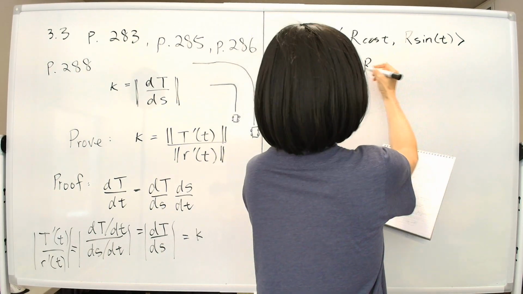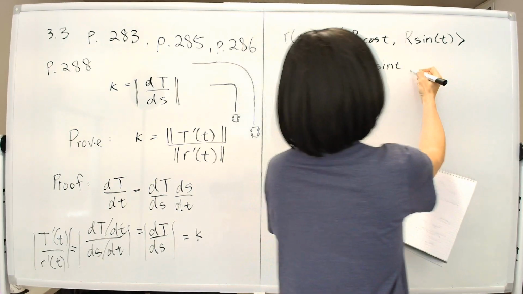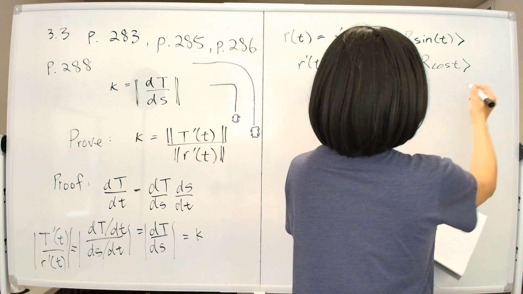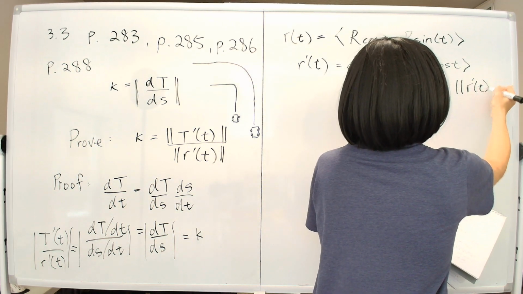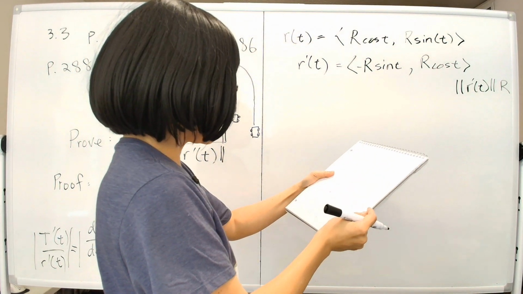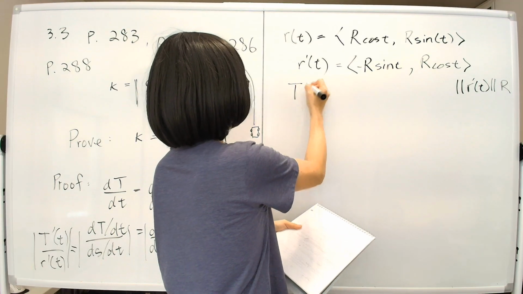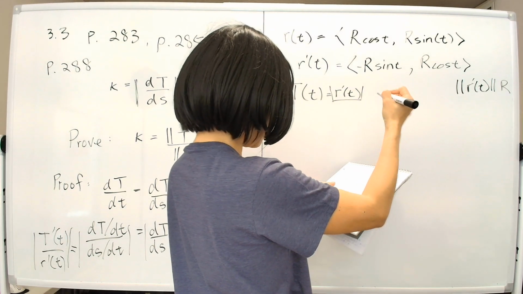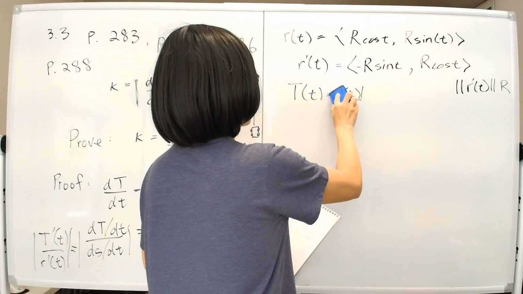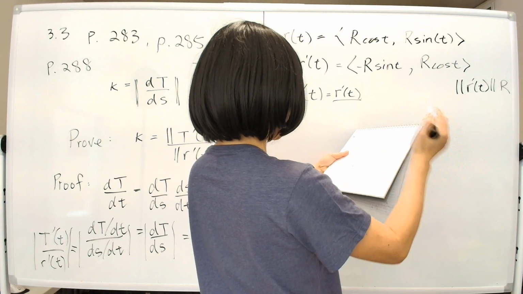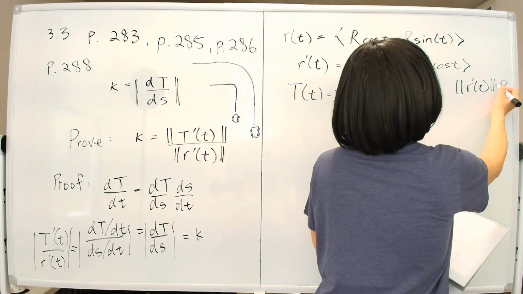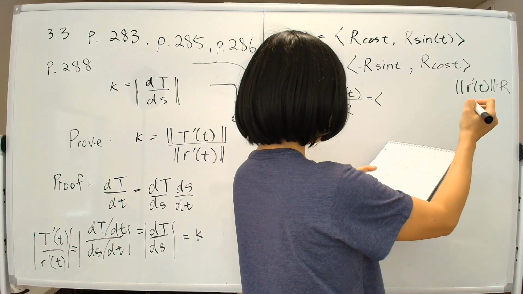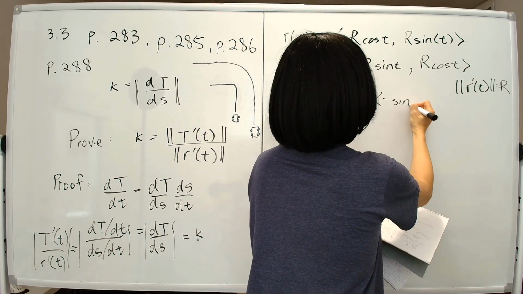So r prime t is R times minus sine t, and then cosine t, in which the absolute value of r prime t is equal to R. Then, secondly, the unit tangent vector T is r prime of t divided by the magnitude, which is R, and that equals minus sine t, cosine t.